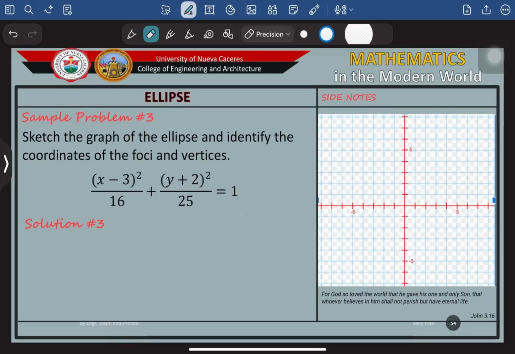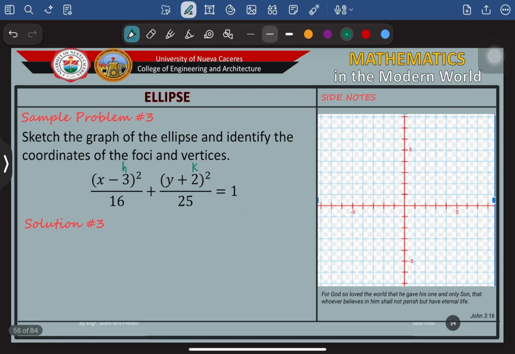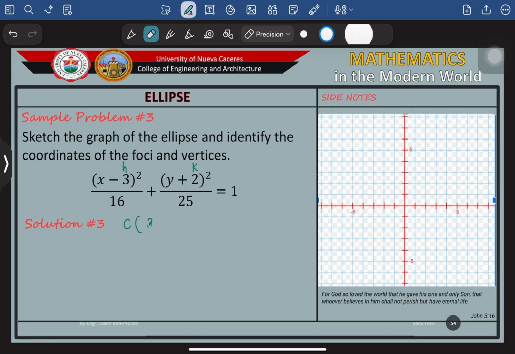In sample problem number 3, the center is not at the origin. So this is the H and this one is the K. Therefore, the center is at 3. So just copy the numerical numbers but with opposite sign.